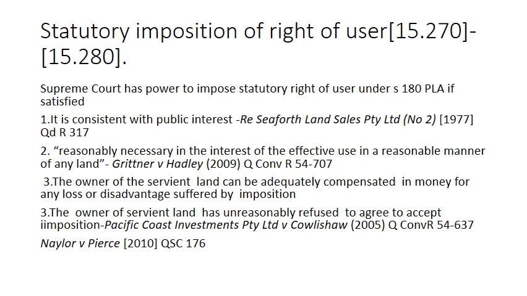So the situation there was that the owner of the burdened land had virtually already agreed to the imposition of an easement, but had changed their mind. So the judge found that at the time of the hearing, the continuing refusal was in all the circumstances unreasonable.